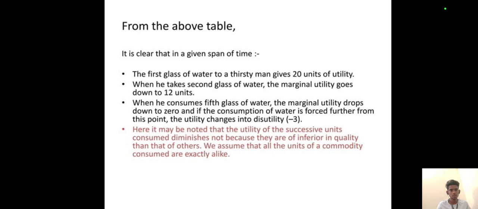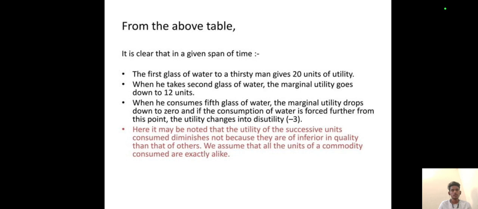It becomes negative if he goes on taking water. Here it may be noted that the utility of the successive units consumed diminishes not because they are of inferior quality than that of others. We assume that all the units of a commodity consumed are exactly alike.